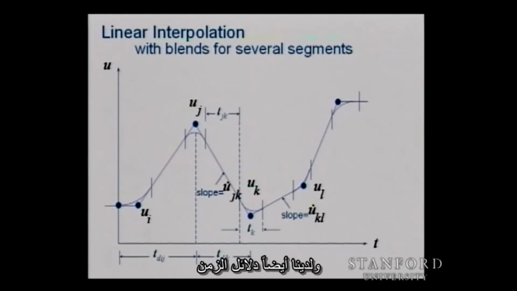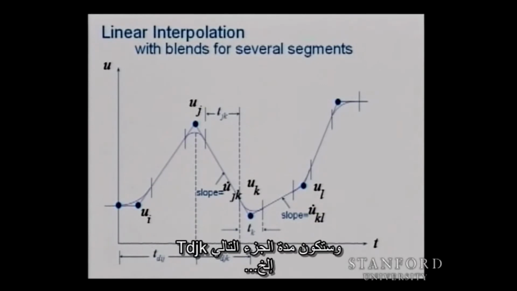Then we have the time directions, which are, in this particular case, i to j is a segment. So a typical segment is from t sub i to t sub j, and the duration of the entire segment will be t sub dij.